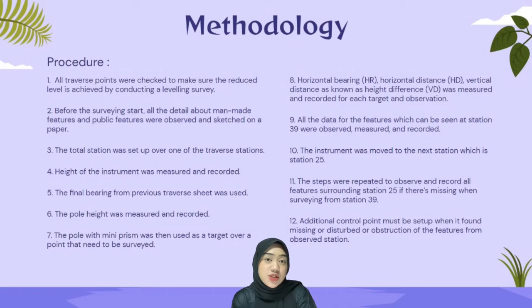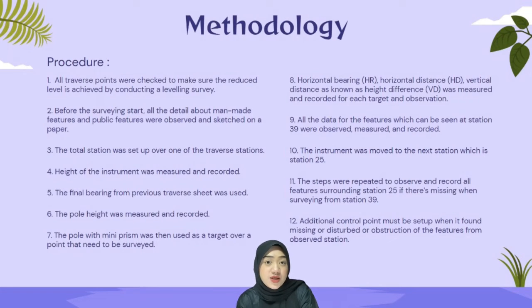Methodology. Procedures. First of all, traverse points were checked to make sure the reduced level is achieved by conducting a leveling survey. Next, before the surveying started, all the details about man-made features and public features were observed and sketched on paper. The total station was set up over one of the traverse stations, and the height of the instrument was measured and recorded.